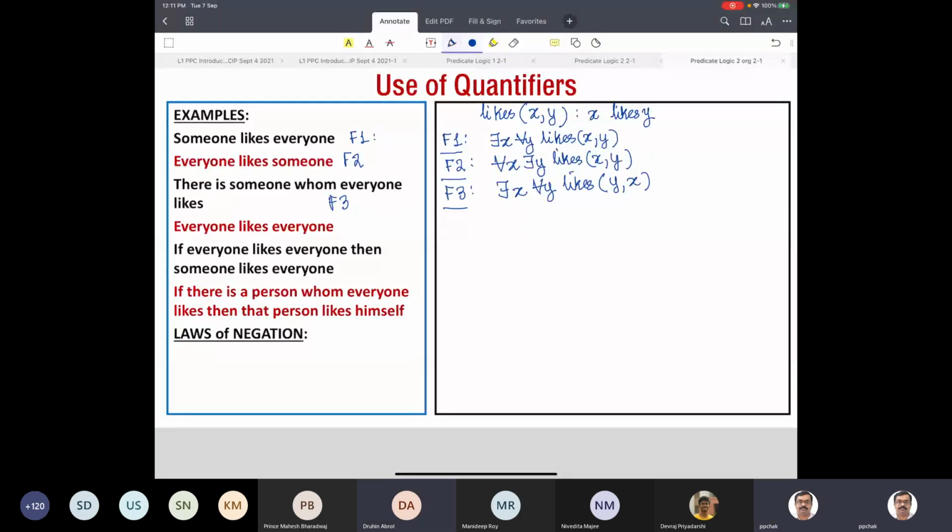What does F2 say? Everyone likes someone. Can anybody tell me what is the difference between these two?